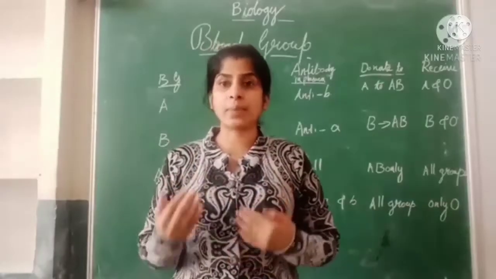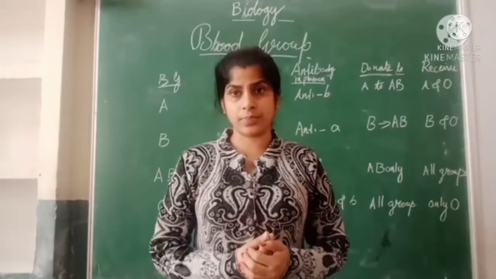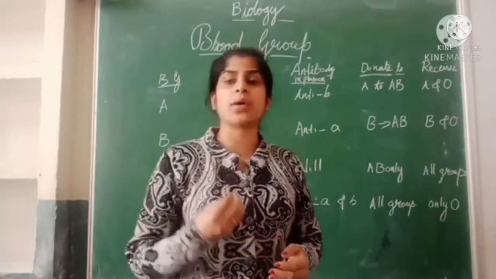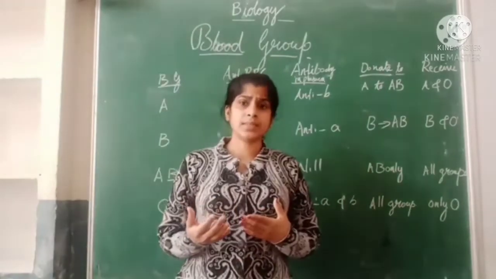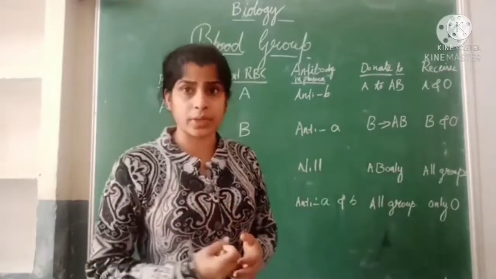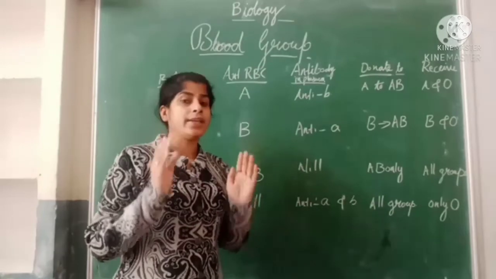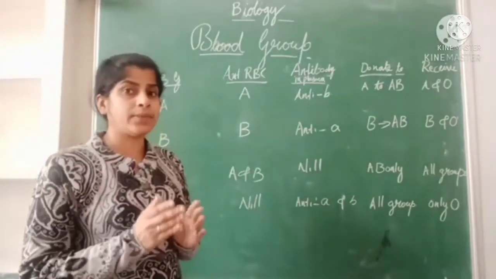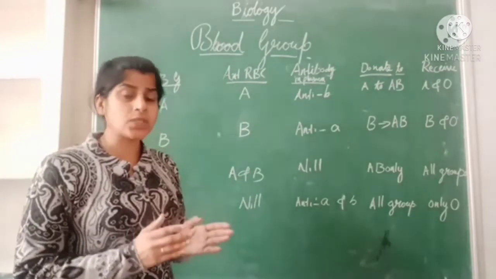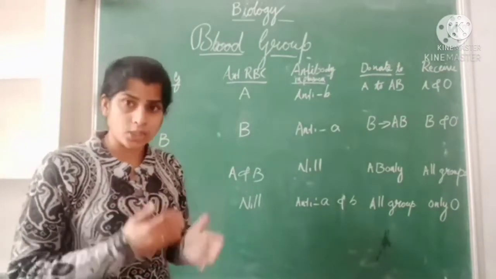Depending on the presence or absence of RH factor. RH factor means a special protein, that is an antigen. So each type of blood group is determined by the presence or absence of RH factor.